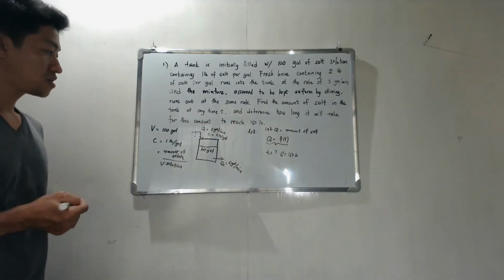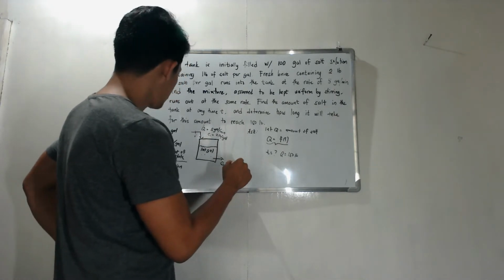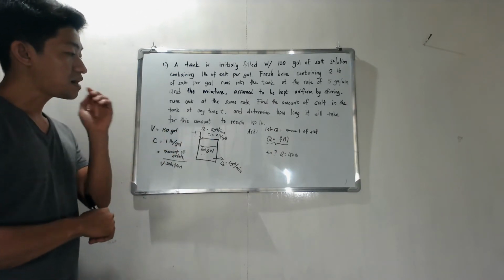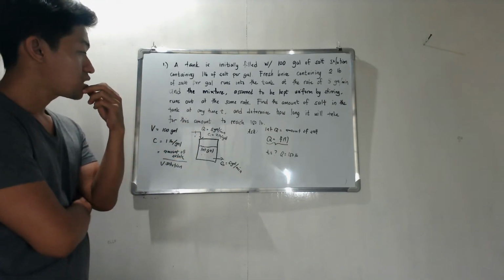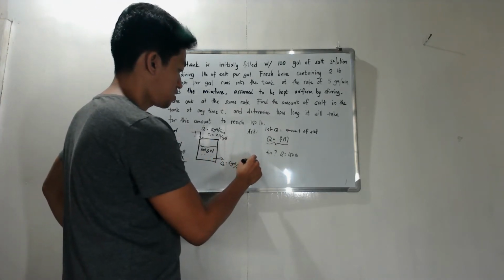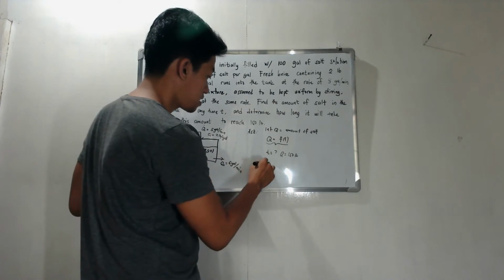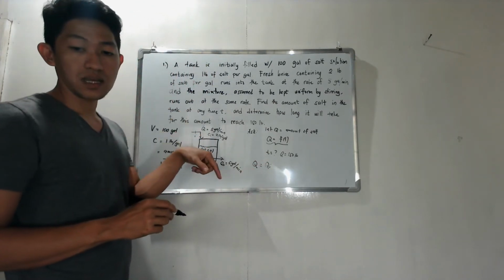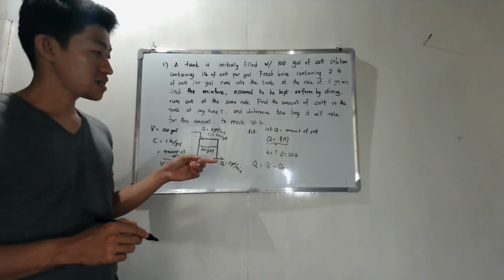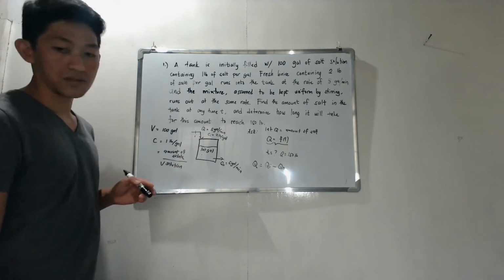Okay, if we apply a mass balance in that tank, the amount of salt in the tank is just the amount of salt that enters the tank minus the amount of salt that is going out of the tank, right?